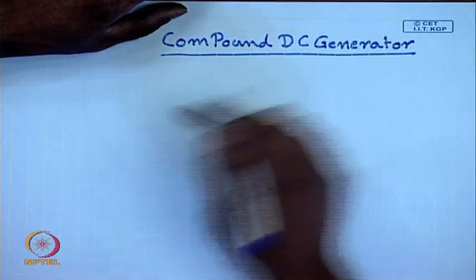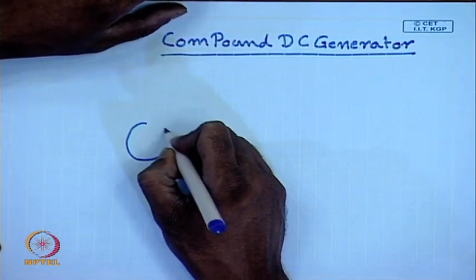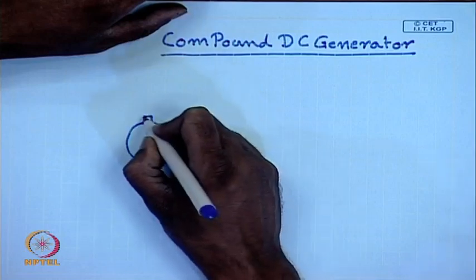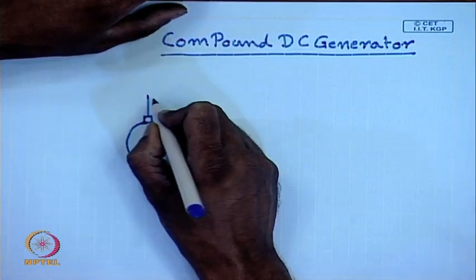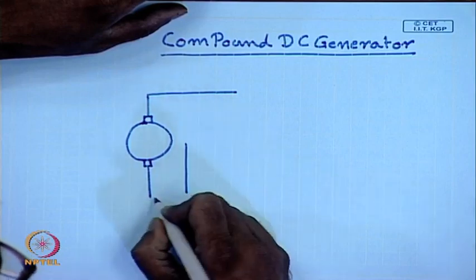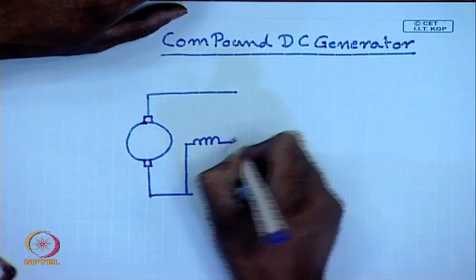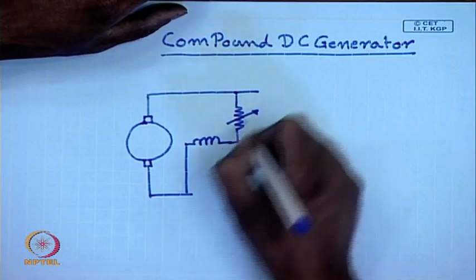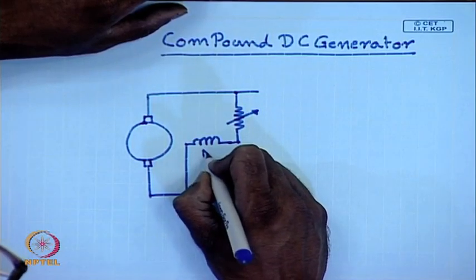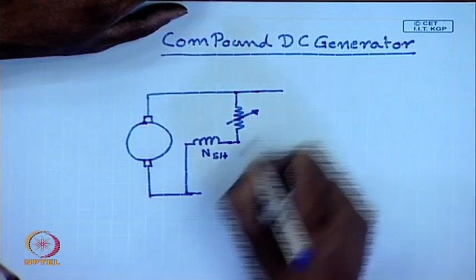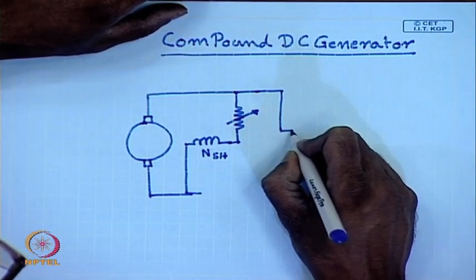One is excited in a shunt manner, this is called the shunt field with number of turns NSH, as well as a series field.